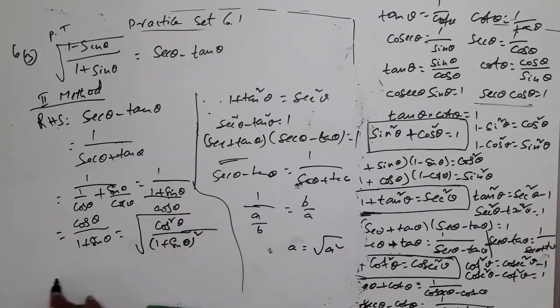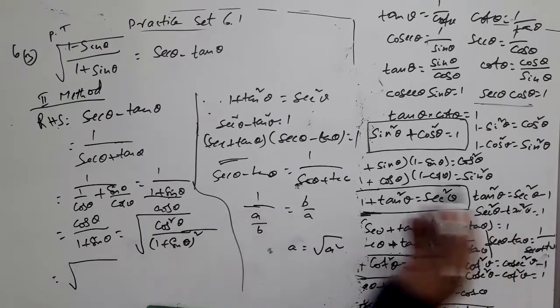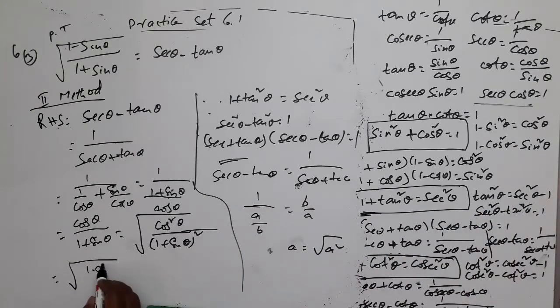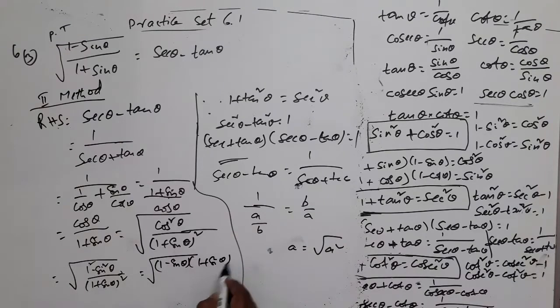In the place of cos square theta, I am writing now 1 minus sin square theta. So this is 1 minus sin square theta by 1 plus sin theta whole square. But now this is of the form a square minus b square. 1 square minus sin square theta, I can imagine it like that. So a plus b into a minus b: 1 minus sin theta into 1 plus sin theta upon 1 plus sin theta whole square.